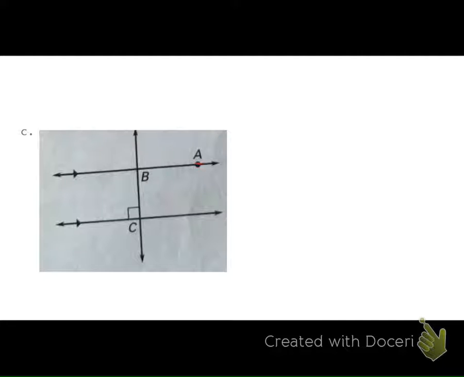What's the relationship between ABC and the angle with this box that tells us it's a right angle? They're alternate interior, and alternate interior angles are congruent. So the measure of angle ABC is 90 degrees.